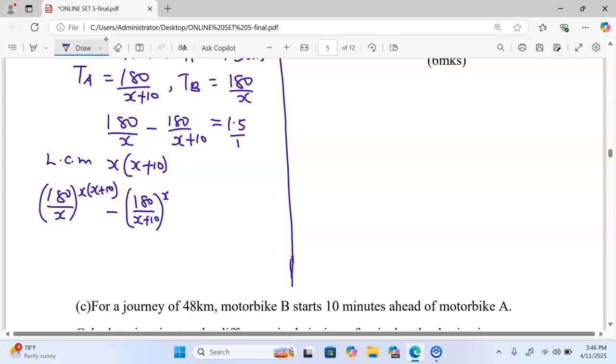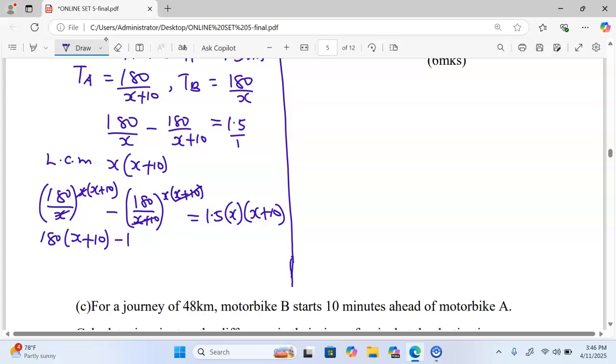We multiply by x into x plus 10, and this is going to be equal to 1.5 multiplied by the LCM, which is x into x plus 10. x and x will cancel such that we have 180 multiplied by x plus 10 minus x plus 10, and x plus 10 will cancel.